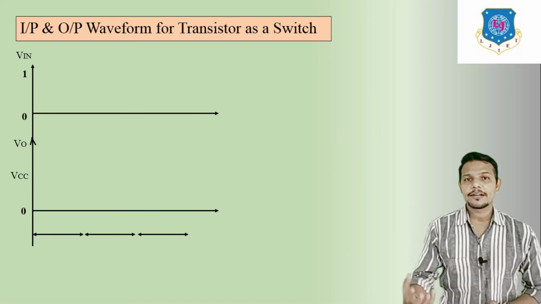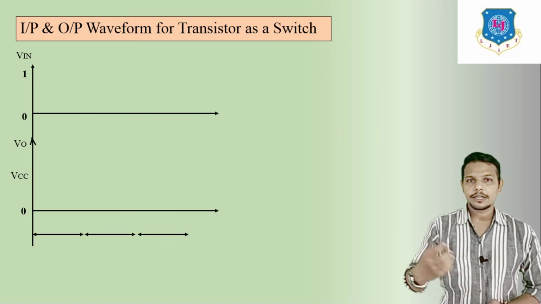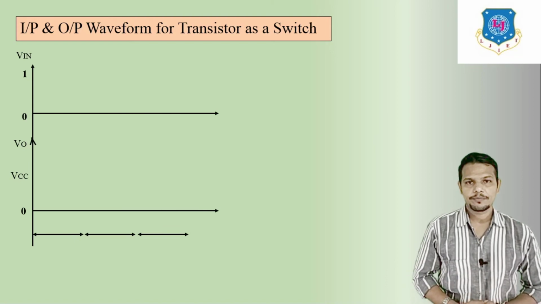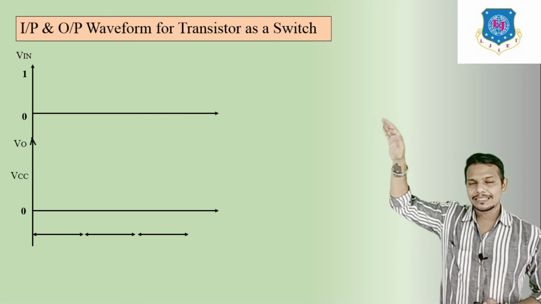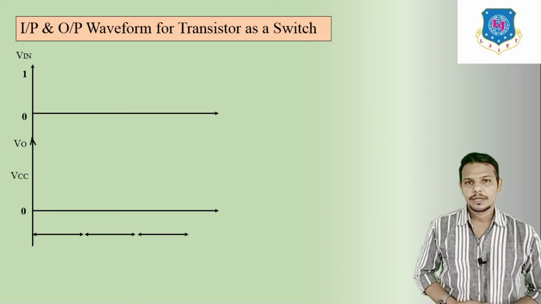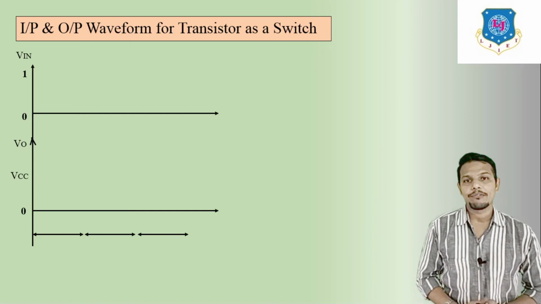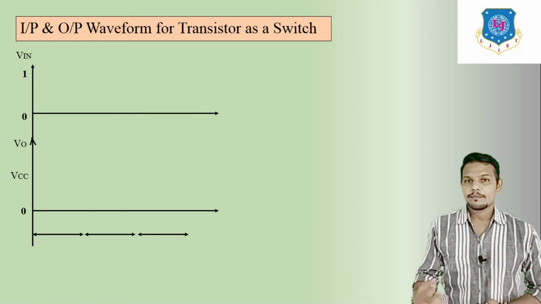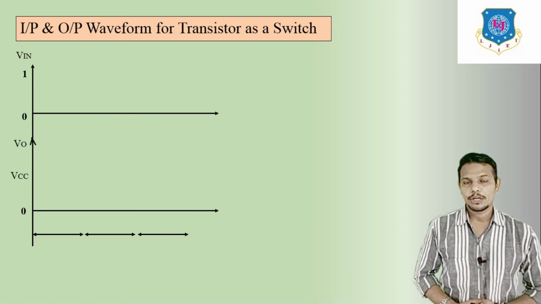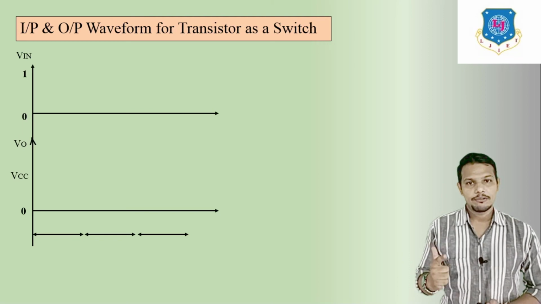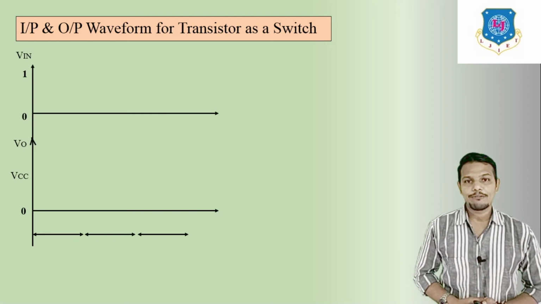Here we can understand through this input-to-output waveform for the transistor as a switch. Above we can see the input voltage and below the output voltage, and we applied a square wave here, because as a switch we can understand it through a square wave, which has two values, 0 or 1, whereas in a sine wave you will find many different values.